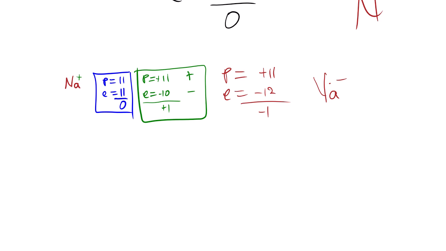When an atom is charged, it is called an ion. So an ion is just the charged form of an element, or the charged form of an atom.